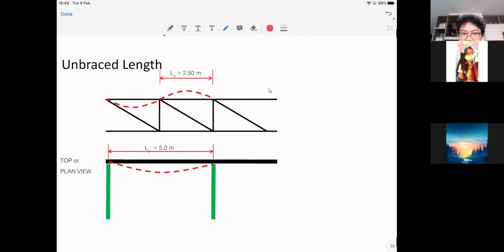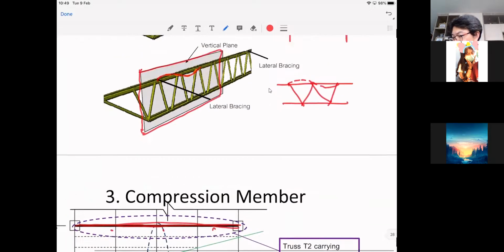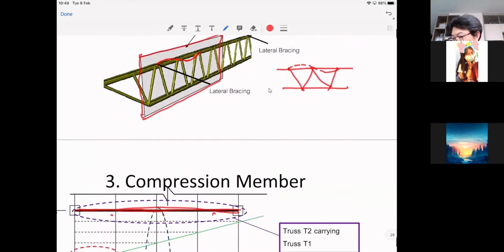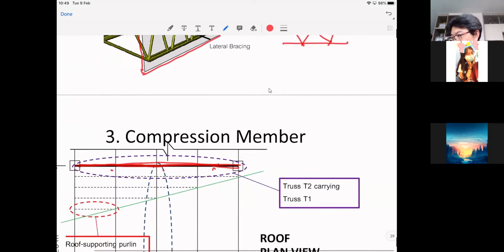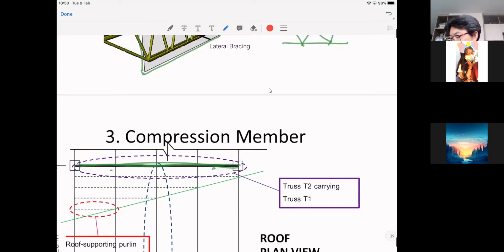When we look at this truss in the plan, it supports this truss coming in from this direction.